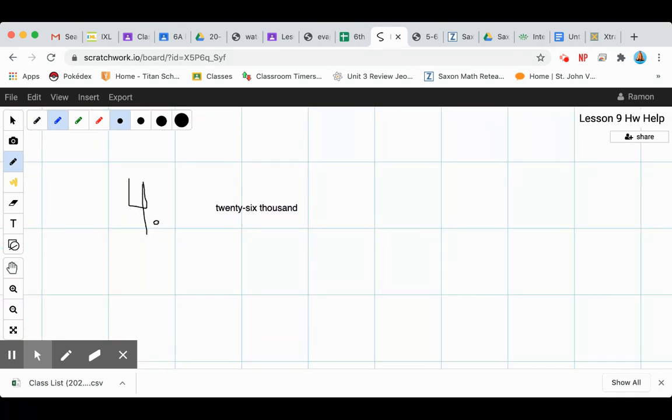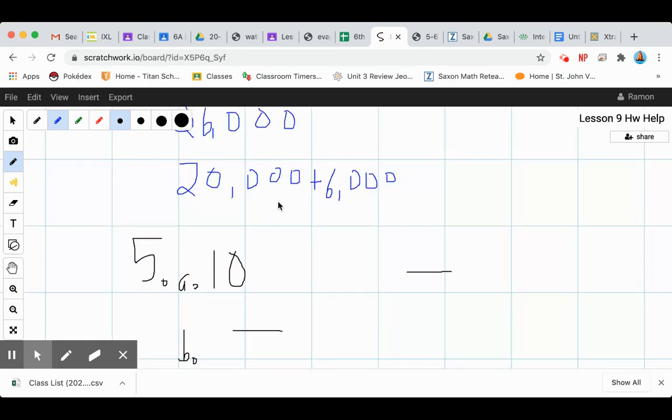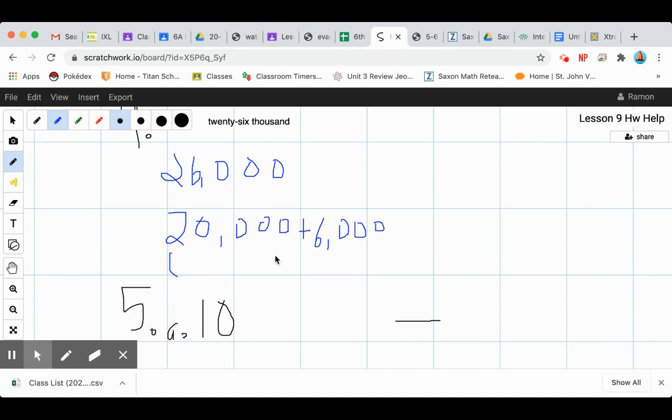Number 4, 26,000. We want to write this in expanded notation. So first things first, you have to write it in numerical form. And then you have to write it in expanded form. So that's going to be 20,000 plus 6,000. And having done that, to write it in expanded notation, you then just set up your parentheses.